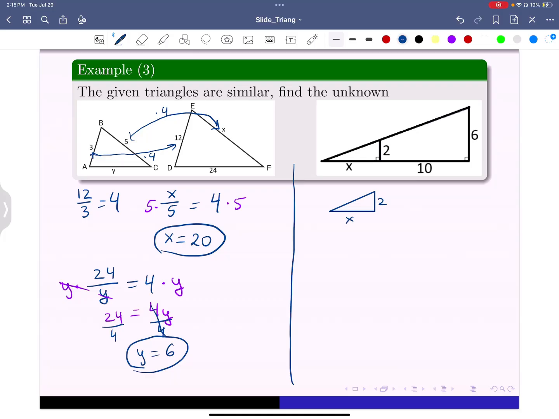But then also we have a bigger triangle, and in that case, this side is 6. So we can write down that this side is 6. But then the whole base would be what? It would be my x and the 10. So in other words, x plus 10.